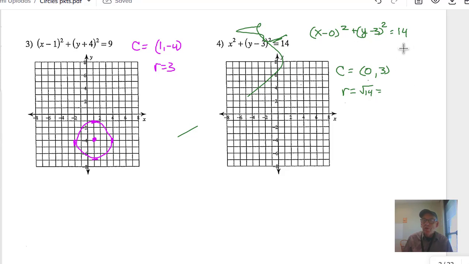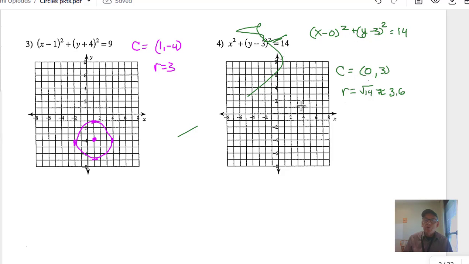4 squared would be 16, 3 squared would be 9, so it's closer to 4 squared than it is to 3 squared. Maybe I would guess about 3.6, so approximately 3.6. A calculator would give you a better decimal answer, but 3.6 is good enough.